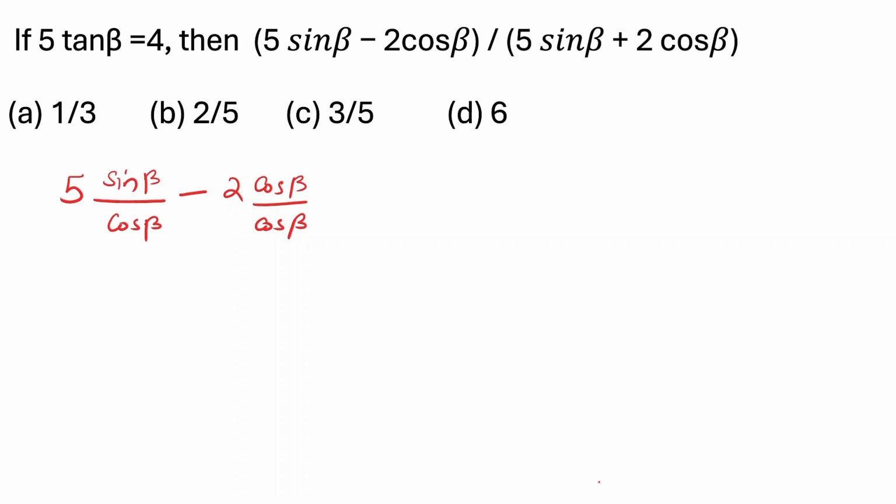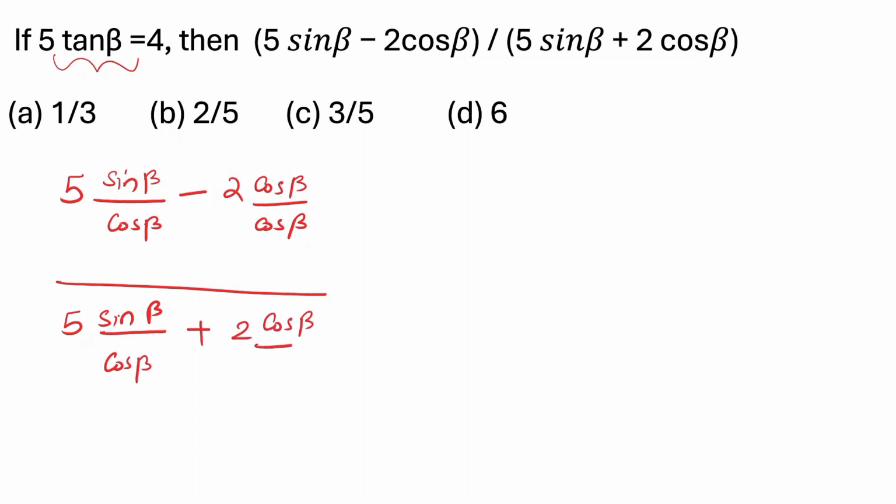I'm just dividing all the terms by cos beta because I can make the sin beta into tan beta. 5 sin beta divided by cos beta plus 2 cos beta divided by cos beta. All the terms divided by cos beta because I want to make it tan beta.